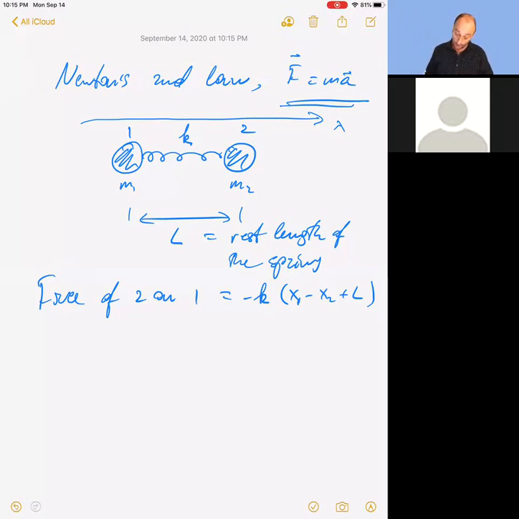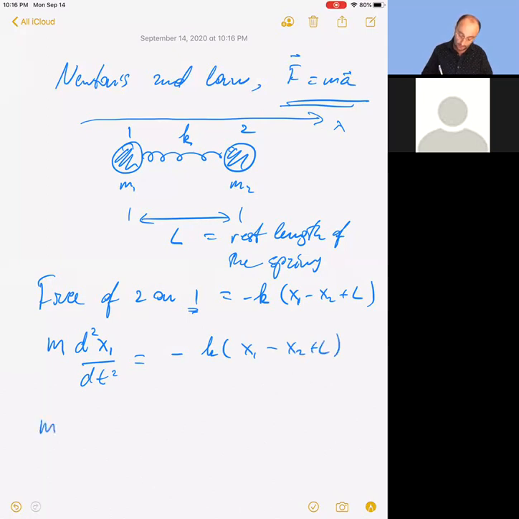So it works correctly. And so the way you would apply Newton's second law is you would say mass times the second derivative of position of object 1, this is force on 1, equals minus k, x1 minus x2 plus L.